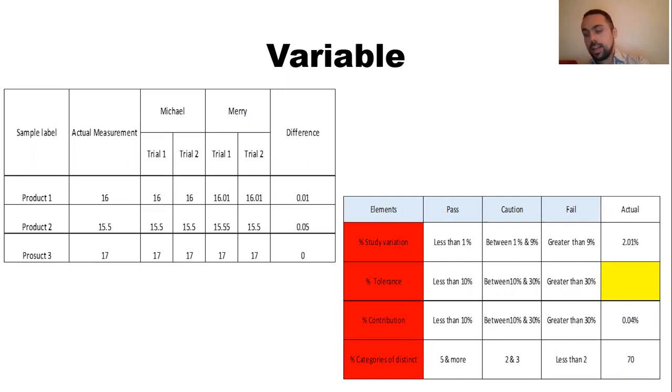And as we can see, the number of distinct categories is 70. It's much higher than 5 and more. So it's perfect. The performance of the measurement system is great and it's accepted.